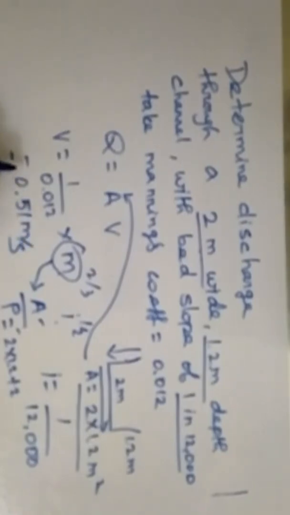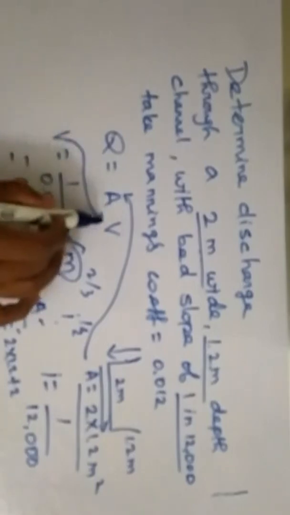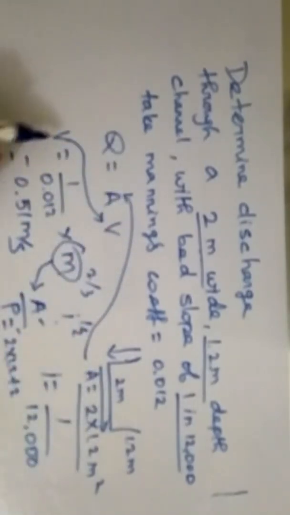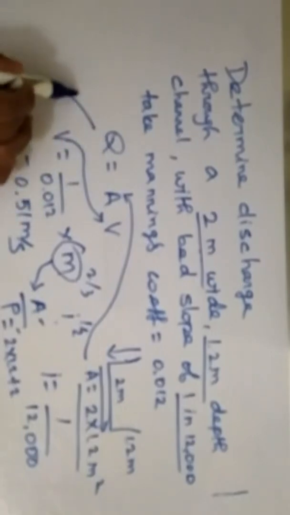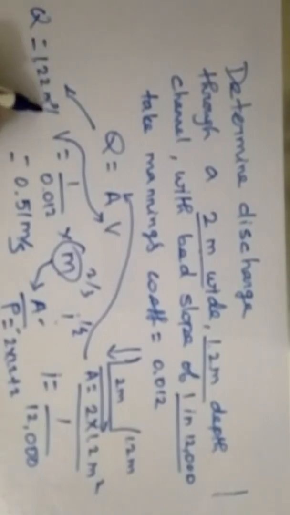With area 2.4 meter square and velocity known, if I simply multiply, I will get Q equal to 1.22 meter cube per second. It's a very basic formula, so you can solve it on your own. I just gave an idea of how to solve this problem. Now we will discuss the next problem.